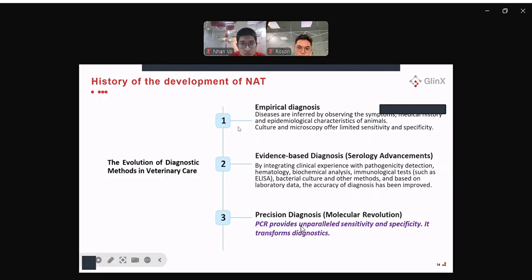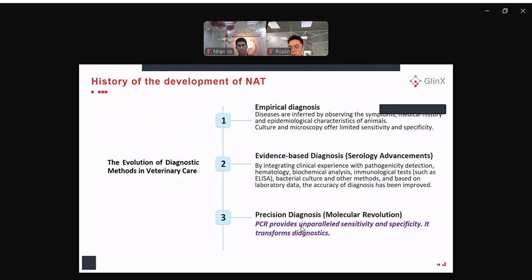And then we developed into the second stage, the evidence-based stage. As veterinary diagnostic techniques advanced, laboratory testing became widely adopted, making the transition to evidence-based diagnosis.